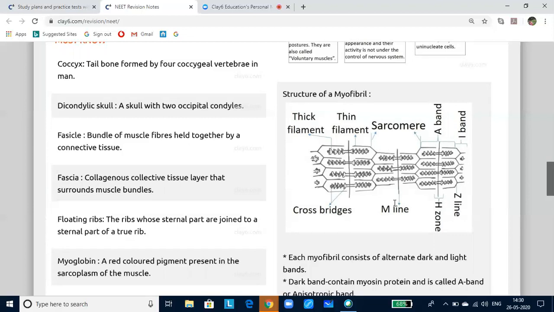In a resting state, the edges of thin filaments on either side of the thick filaments partially overlap the free ends of the thick filaments, leaving the central part of the thick filament. This central part of the thick filament, which is not overlapped by thin filament, is called the H zone.